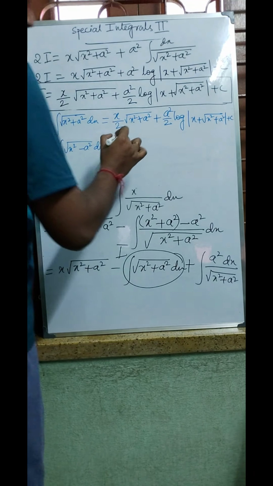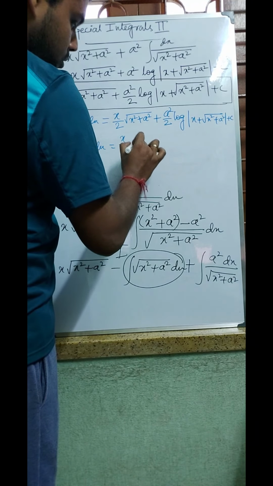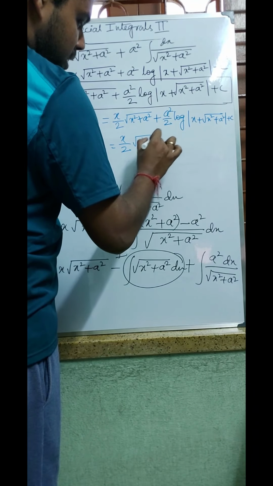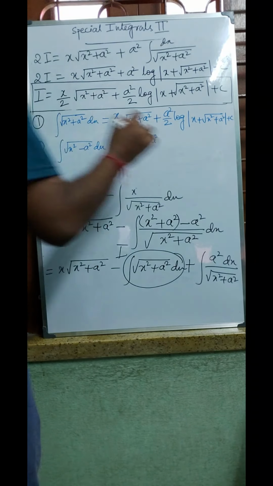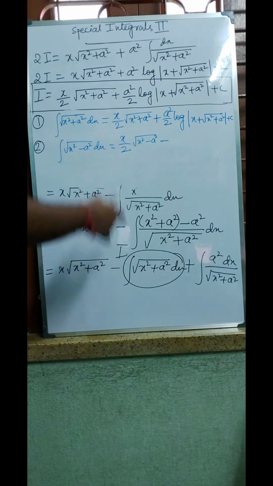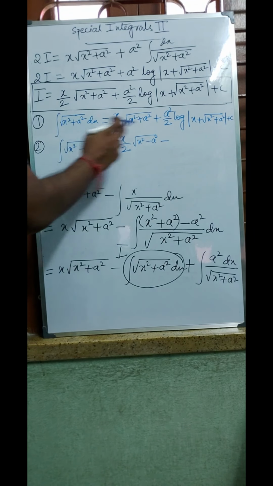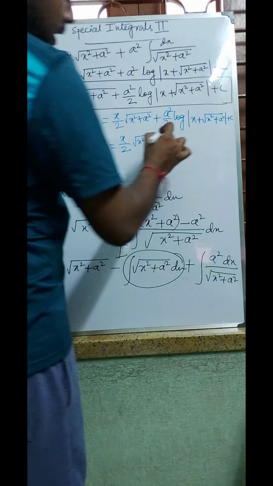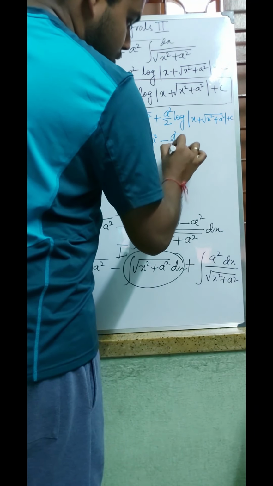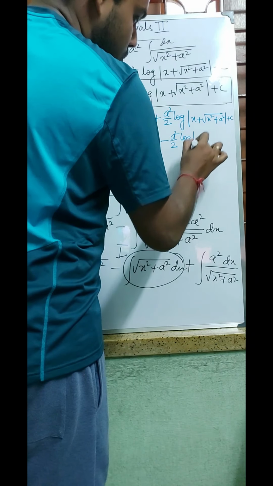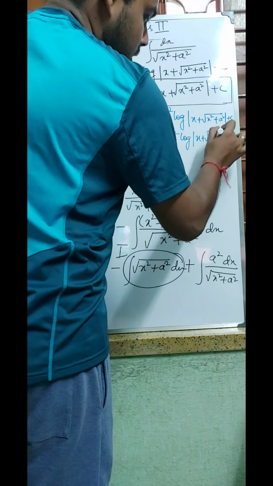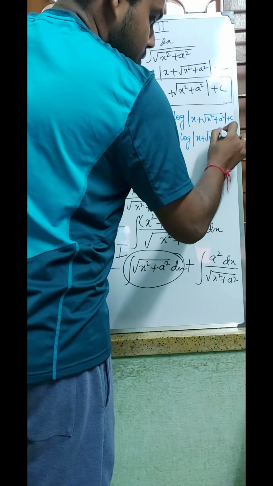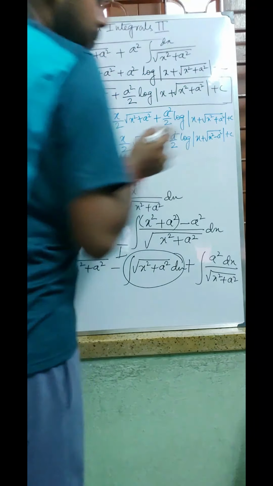So that is x by 2 under root x square minus a square minus, so remember this, when it is plus, here it will be plus, when this is minus, here there will be a minus, a square by 2 log of mod of x plus under root x square minus a square plus c.